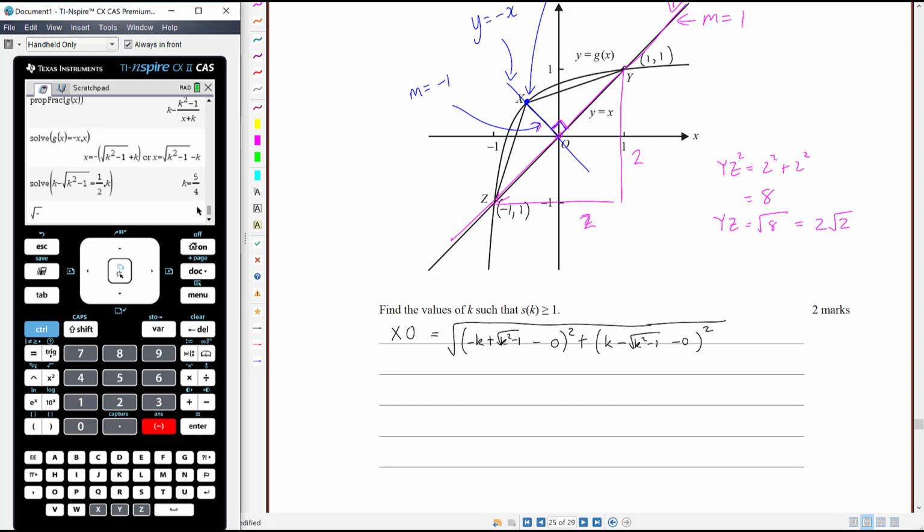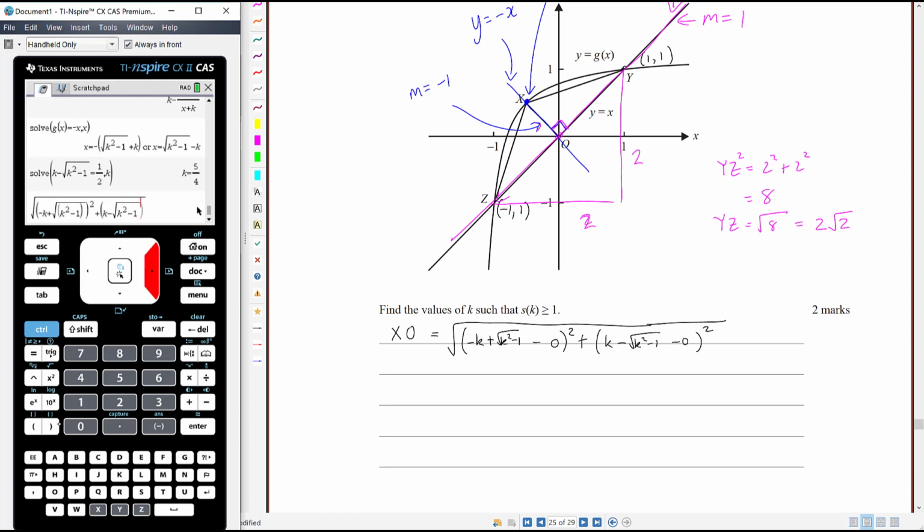Negative, brackets, sorry. Negative k plus the square root of k squared minus 1, and we want all that to be squared, plus positive k minus the square root of k squared minus 1, and we want that squared.